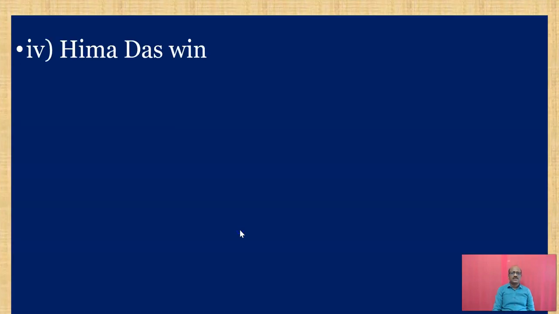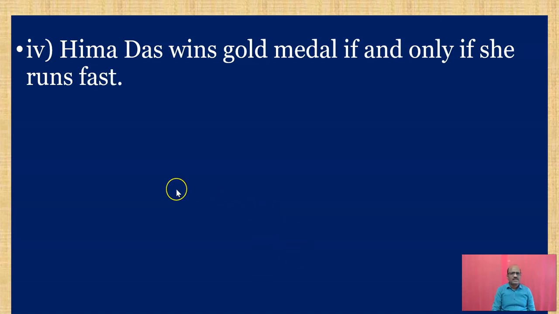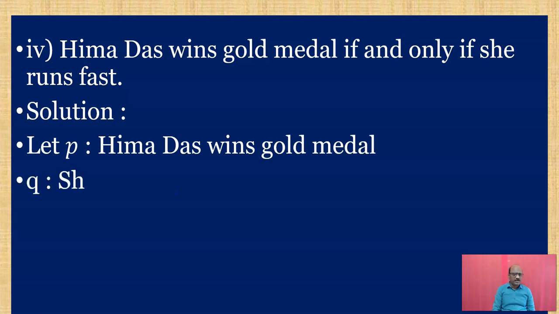Next is: Hima Das wins a gold medal if and only if she runs fast. Now here P is Hima Das wins gold medal, Q is she runs fast.